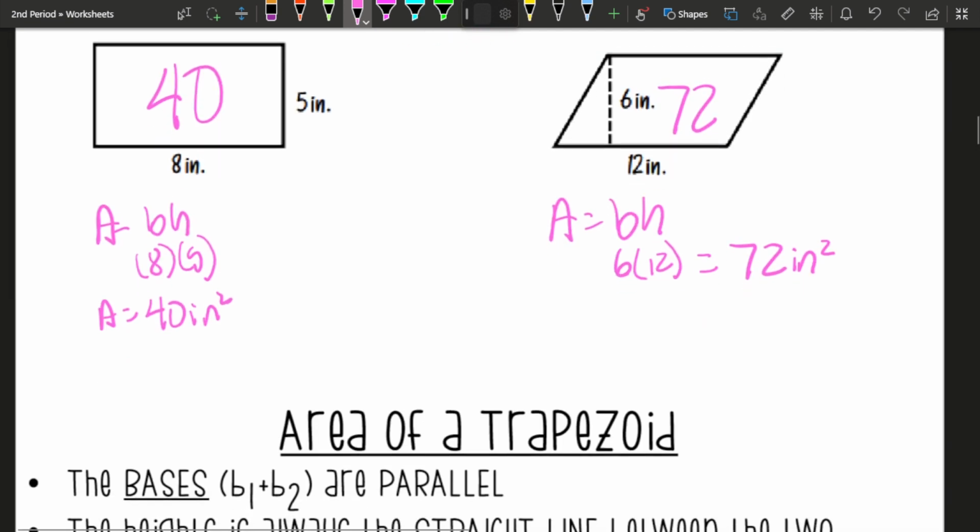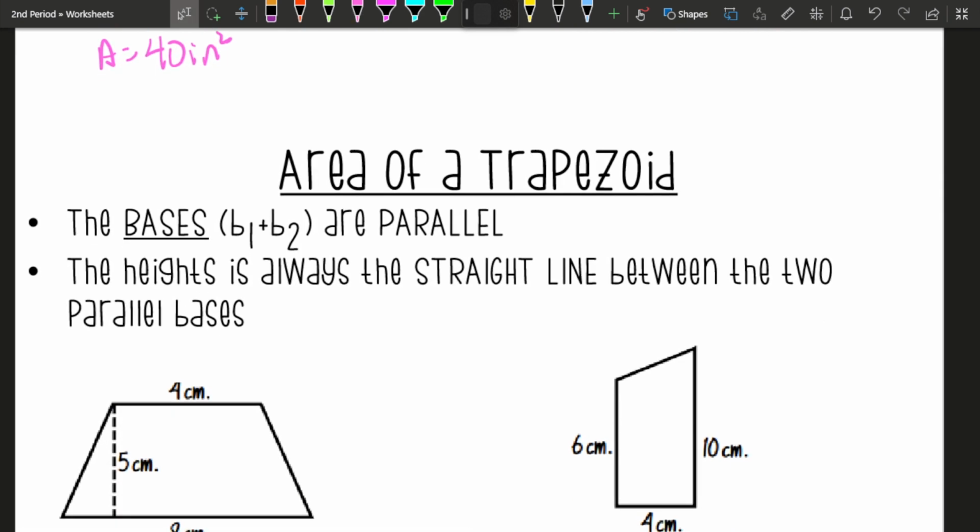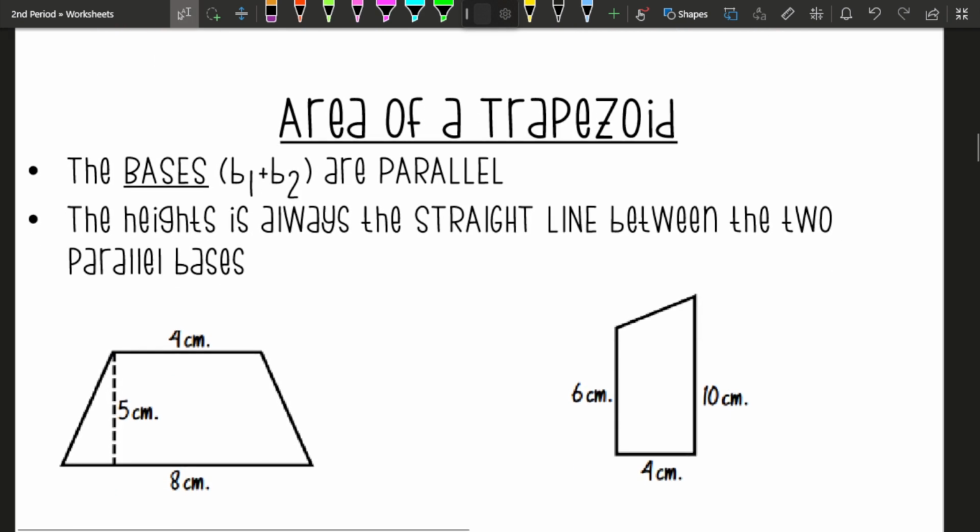All right, so now we're going to look at a trapezoid. The bases. All trapezoids have 2 bases. Something to keep in mind is that the bases are parallel to each other. Parallel means they never touch. Even if they continue, they will never touch.